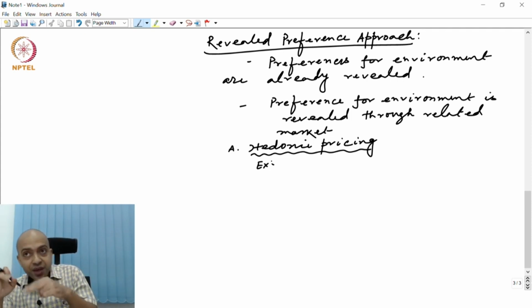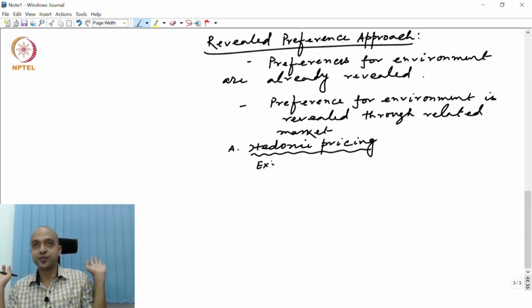So for the same 2 BHK apartment, consumers might be willing to pay something extra if the house is located in a place where there is a lot of greenery and less pollution. Then the additional money, the premium the consumers are paying, shows the consumers' preference for environment, which is revealed through this housing market.